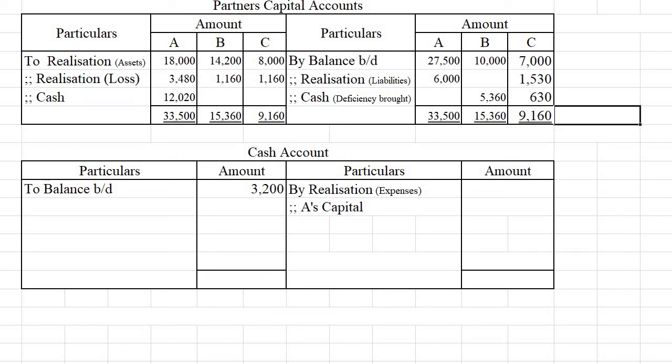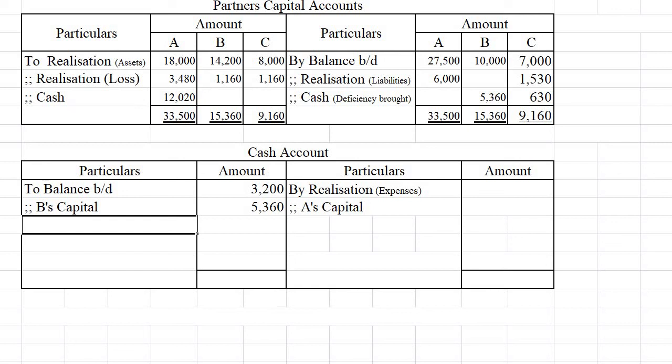First let us write amount brought in by B. So B's capital 5,360. Then cash brought in by C. So C's capital 630.